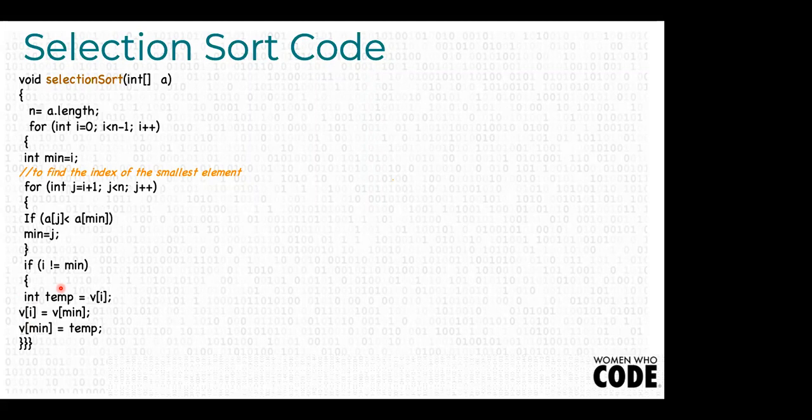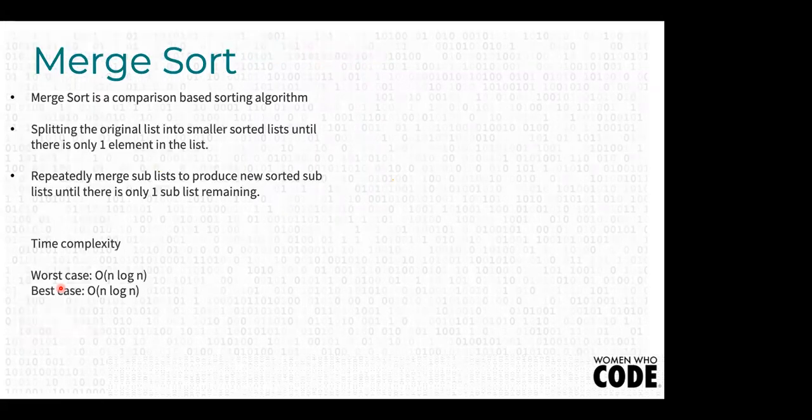Let's look at the next sorting algorithm, which is merge sort. Merge sort is a commonly used sorting algorithm. It's also a comparison-based sorting algorithm. You compare the elements, but there are two steps to it. One is to split the elements into smaller lists, and keep doing that until there's only one element in the list.